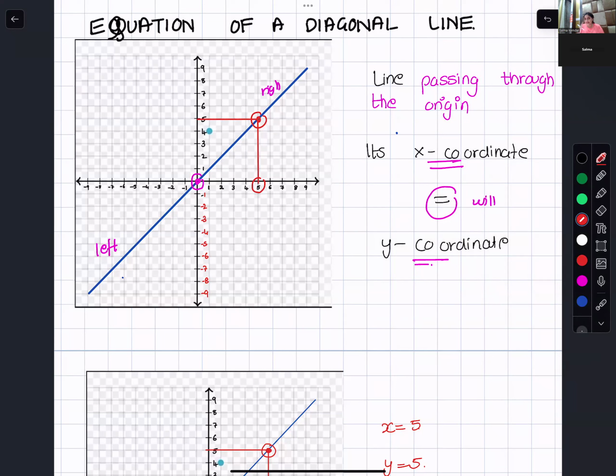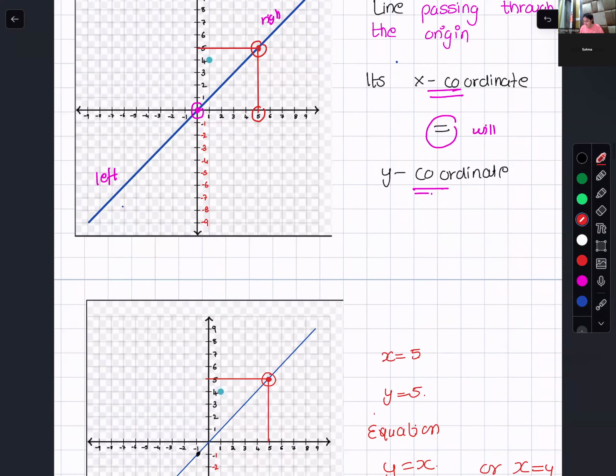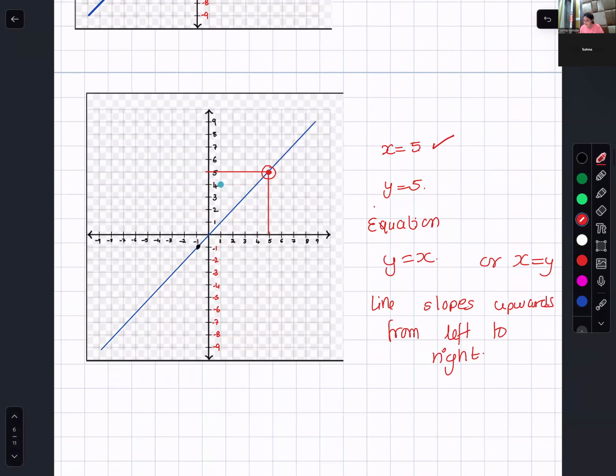So if I have a diagonal line that goes upwards from the left to the right, the x coordinate will always be equal to the y coordinate. You see, x is equal to 5, y is equal to 5. Take any other point. x is equal to 8, so the y will also be equal to 8.